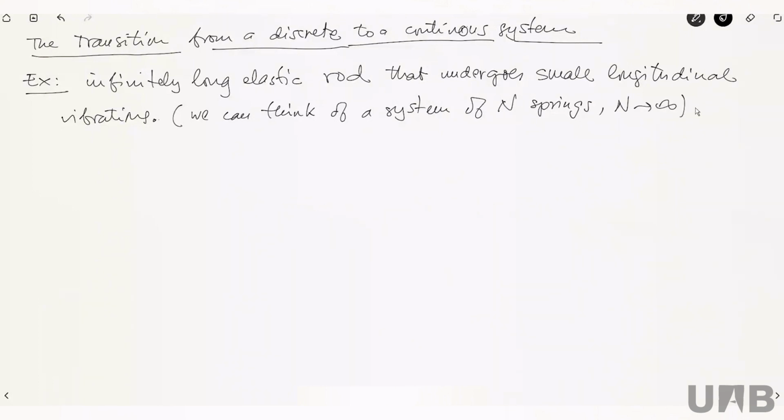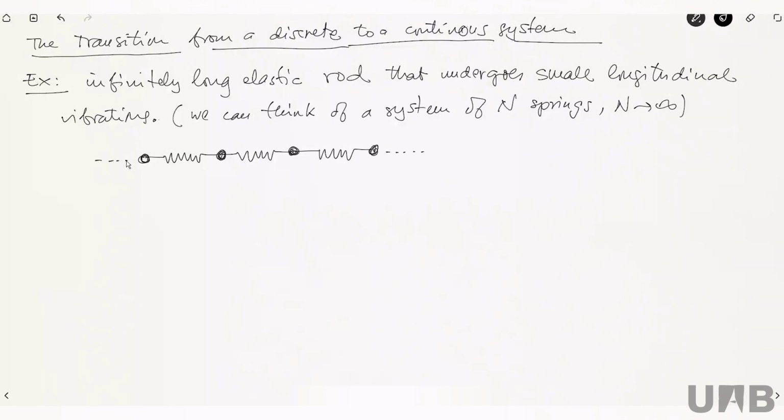Okay, so let's write down here: it's going to be a mass M, then a spring, another mass M, then another spring, another mass M, another spring, another mass M, and so on and so forth. It's infinite. So this is our model for this infinitely long elastic rod.